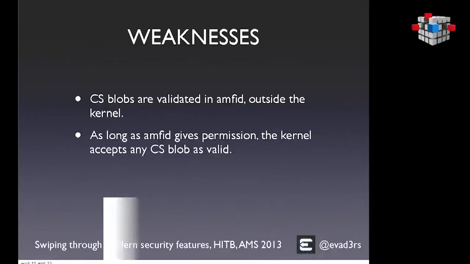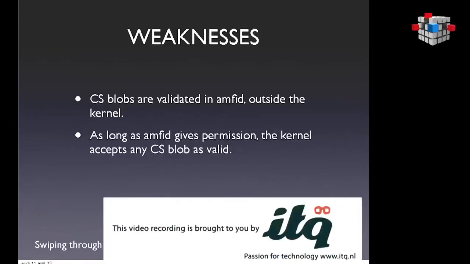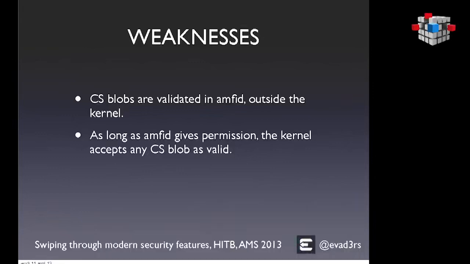So what are the weaknesses of this? Blobs are validated outside the kernel in some kind of userland process. Why? We don't really know. Maybe some design architecture Apple chose at some time, but it's so complex. And as long as AMFID gives the permission, the kernel will accept any blob, even if it's invalid.